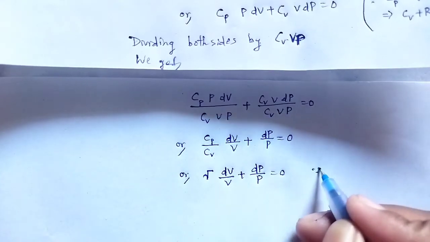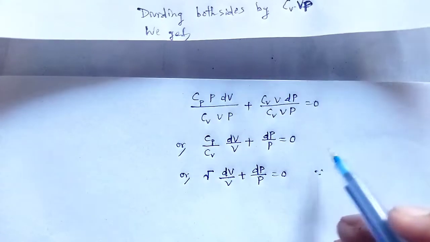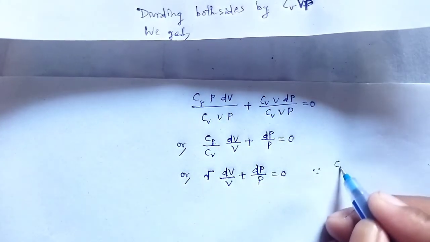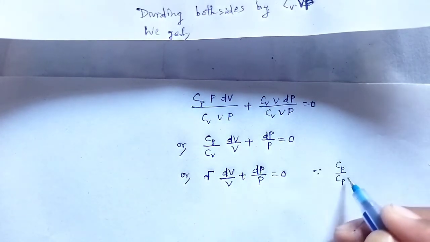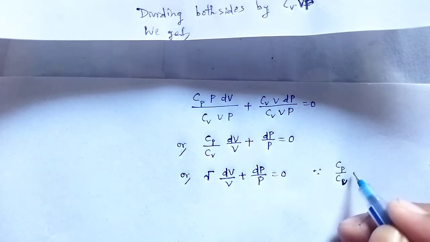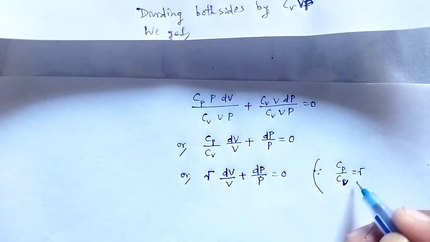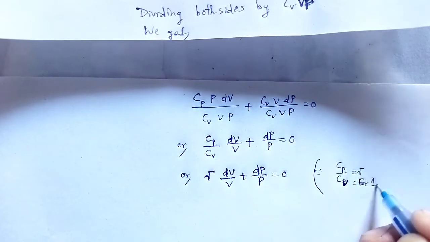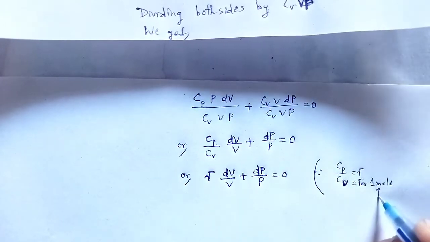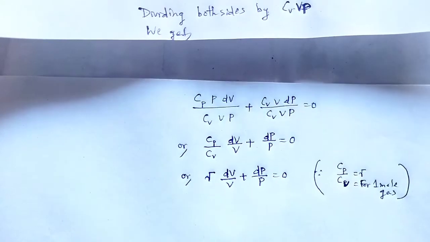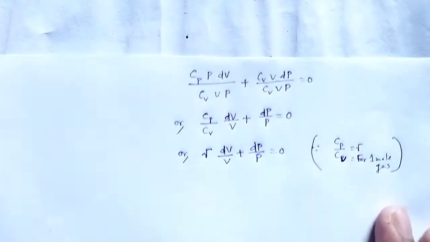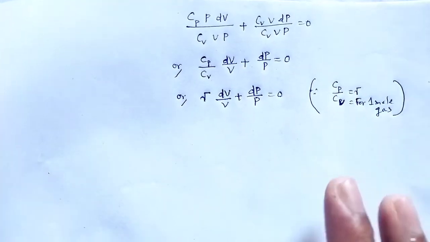As we know, for 1 mole of gas, Cp by Cv is always constant, that is gamma. Cp by Cv is equal to gamma.